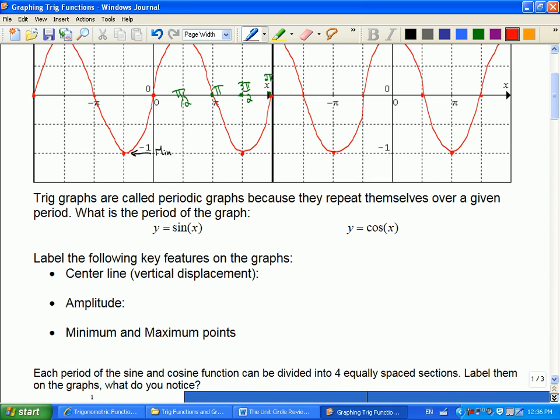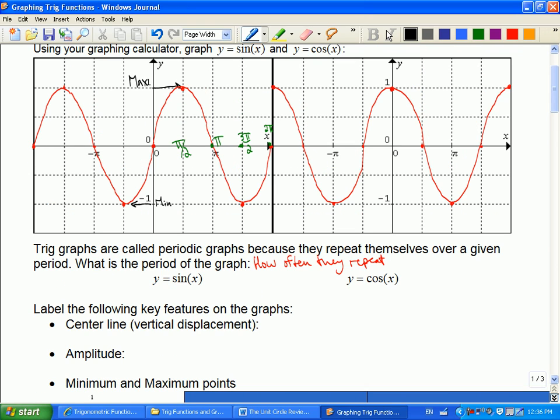So the period of these graphs is how often it repeats. I'll show you here, I'll use a thick marker. So something like this.